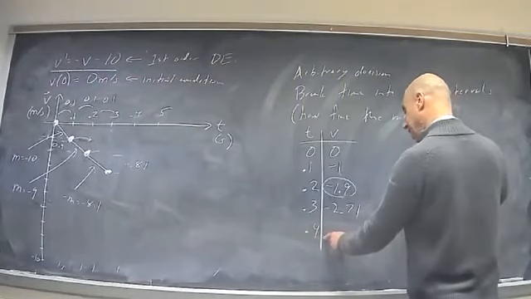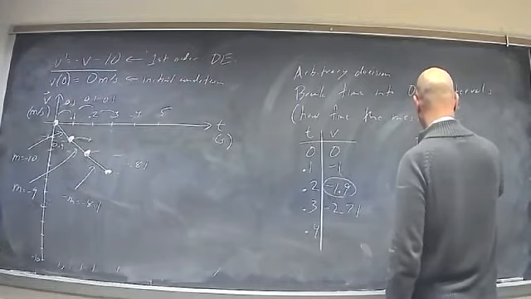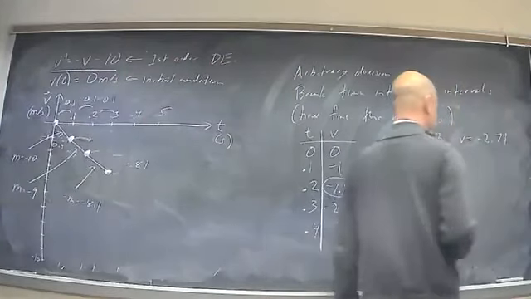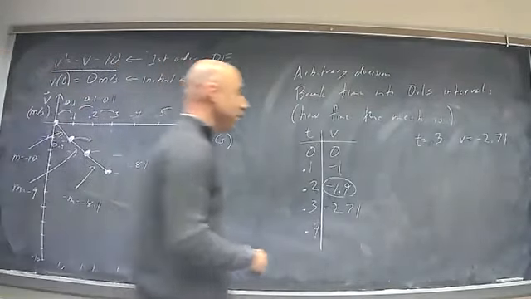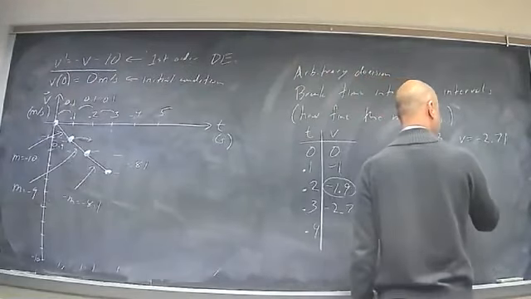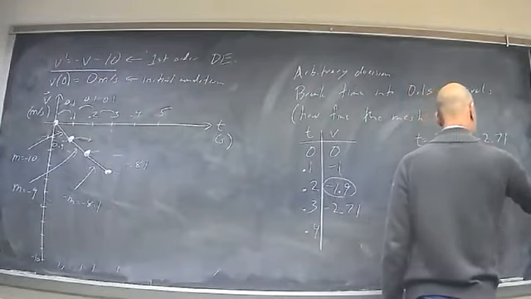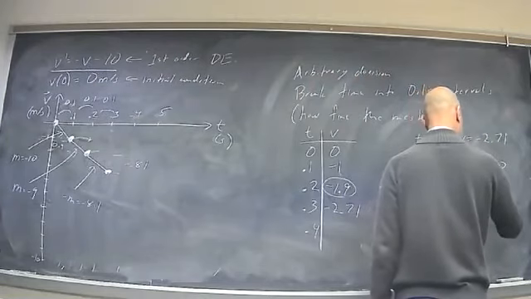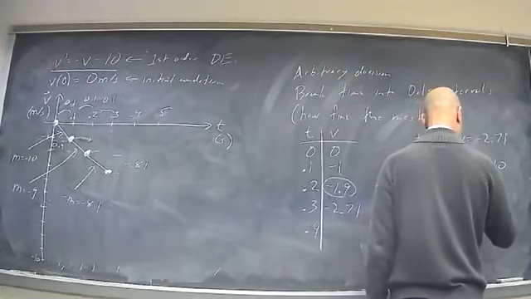So at t equals 3/10 of a second, my velocity supposedly is minus 2.71. We plug that in to find out what v prime is. So negative 2.71 minus 10 is negative 12.71... or, what, negative 7.29.